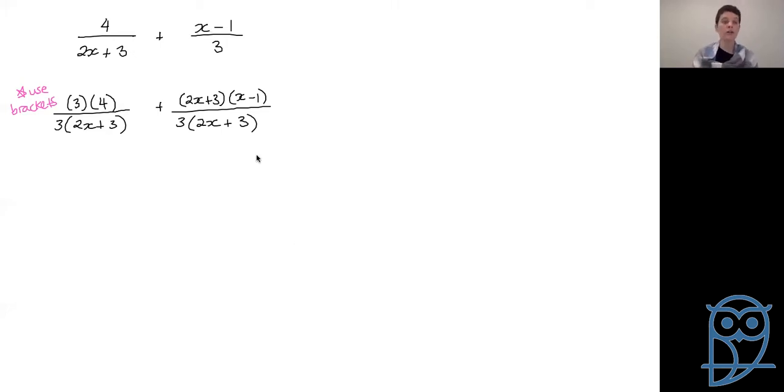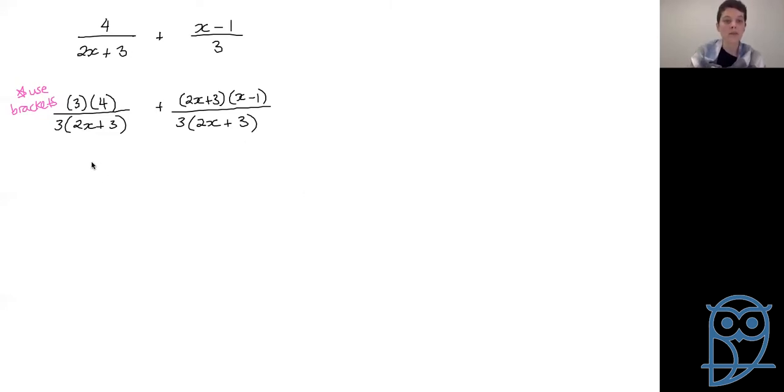Now we can go through and expand things and combine like terms and get to our addition. Something to bear in mind, always leave your bottom as is, because at the end of the day, you want to be factorized wherever possible. So to multiply the 3 in, then take the 3 out, you're making extra work. So leave the bottom as a factorized one.